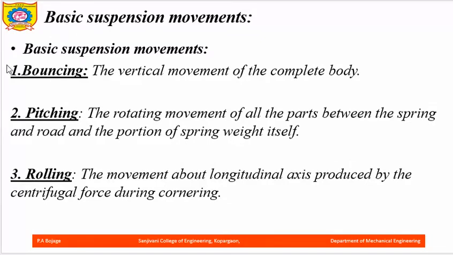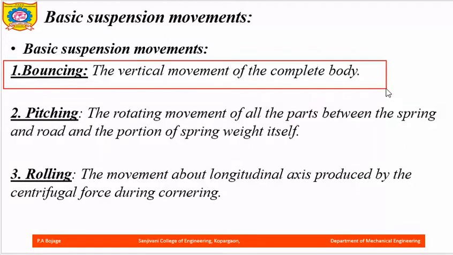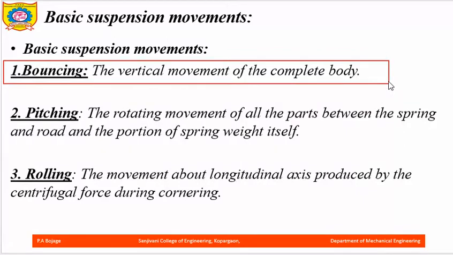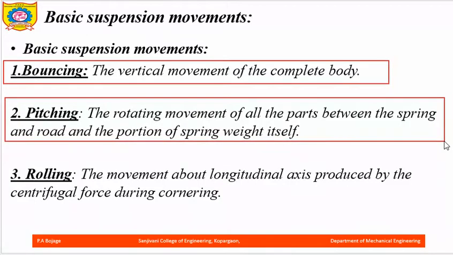Now, basics of suspension movement. First is bouncing. The vertical movement of the complete body of the vehicle is called bouncing. Next, number 2 is pitching. The rotating movements of all parts between the spring and rod and the portion of the spring weight itself. That movement is called the pitching movement.